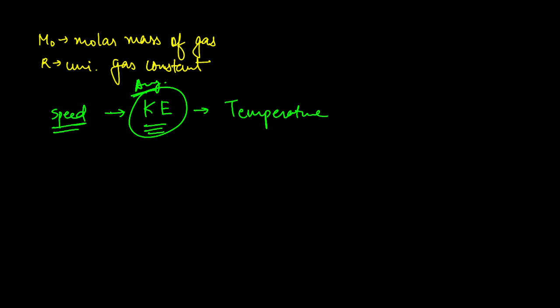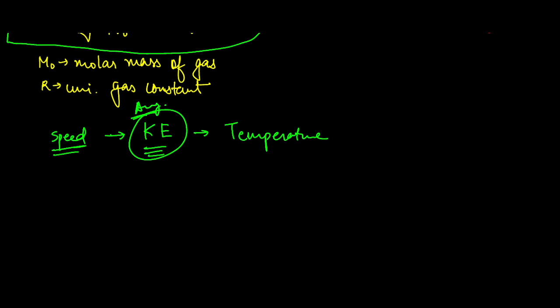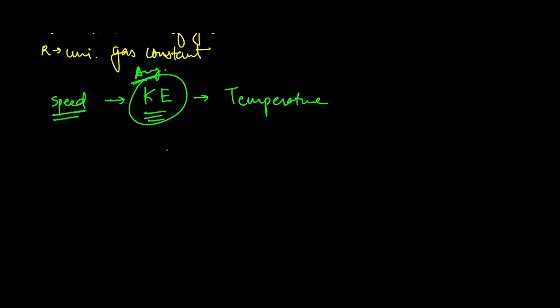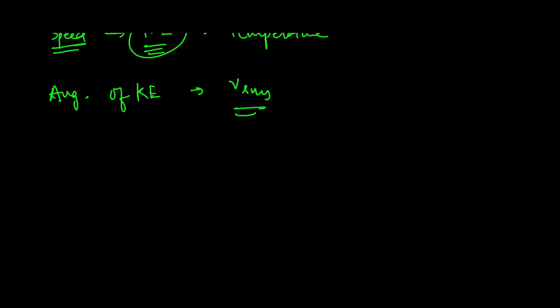So that's why when we take average of kinetic energy, listen to this, when we take average of kinetic energy, we automatically get Vrms. How does that come about? I'll tell you why. Because what is the meaning of average of kinetic energy? K1 plus K2 plus K3 added up to Kn divided by n, isn't it?